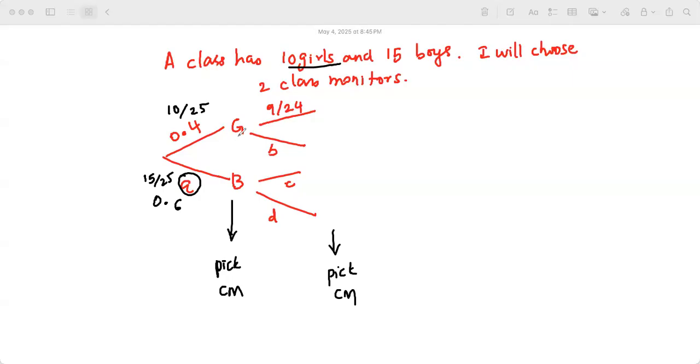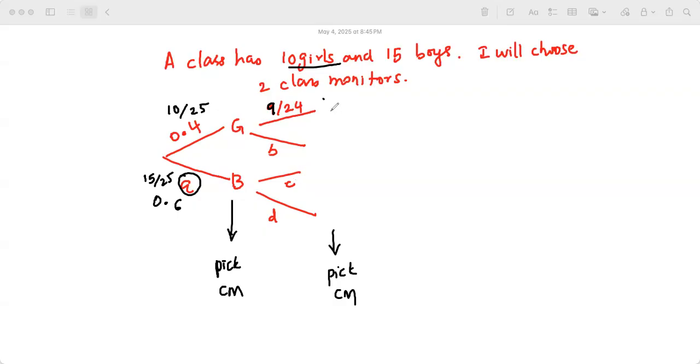Now, after picking up the girl, one girl disappeared. So it is 9 out of 24. So this should be G or B. Here, this should be G or B. What should be there? The 9 out of 24 represents G or B?